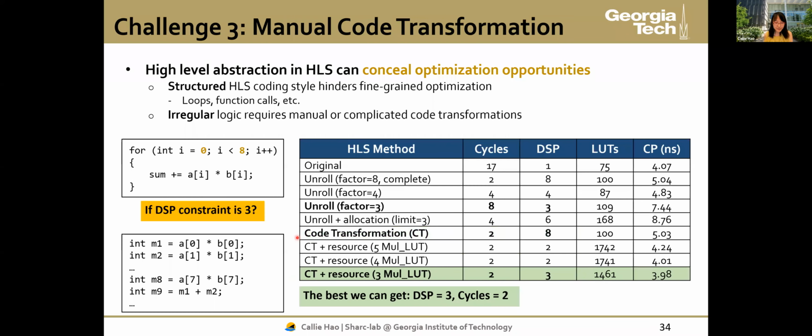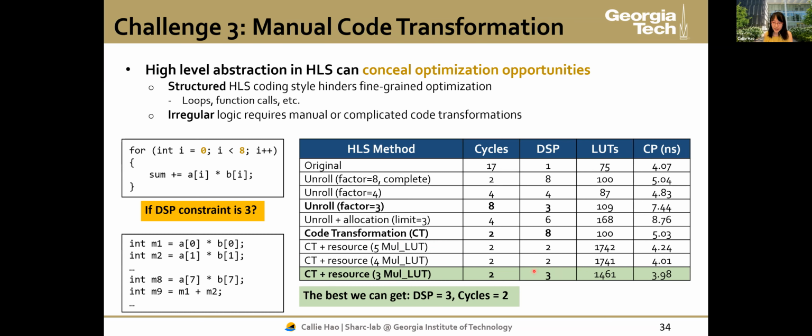After we do this code transformation, we can apply some more interesting optimizations using resource allocation. After code transformation, we can apply this resource allocation pragma or directive to specify which of these operations will use LUTs to compute multiplication. There are different cases we have tried, and we can see that now we can absolutely do better.